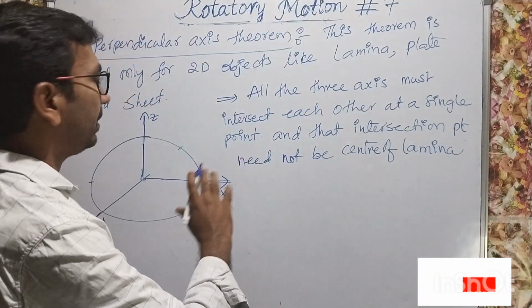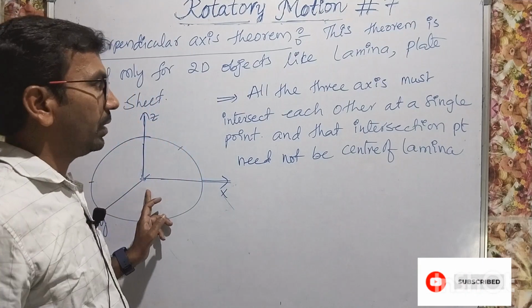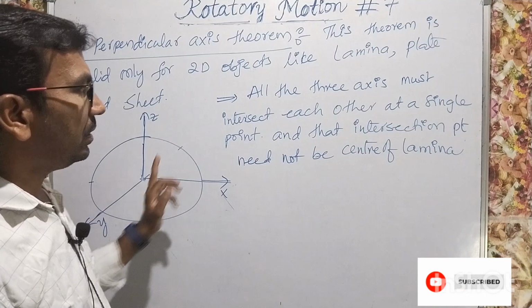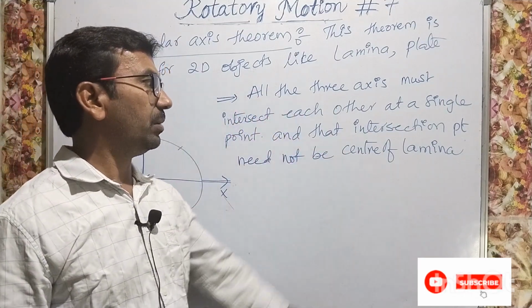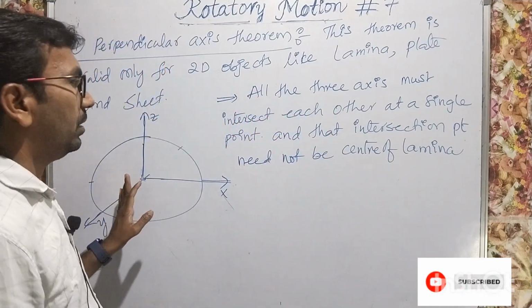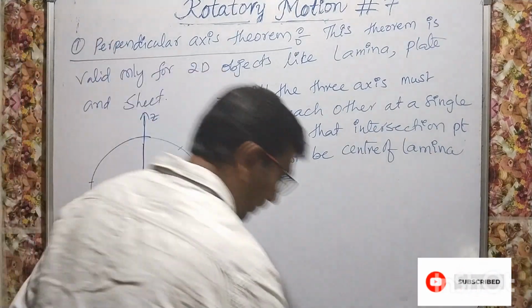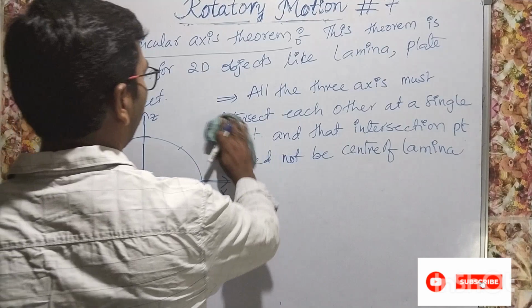So all these three axes must be perpendicular and intersect each other at a single point, and this intersection point need not be the center of the lamina. So this is the condition.